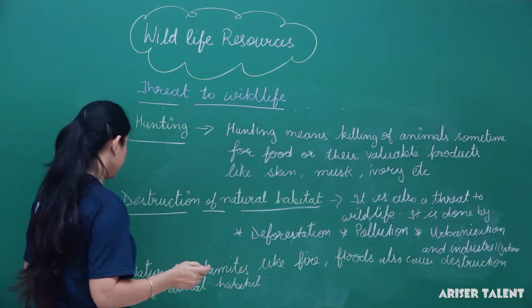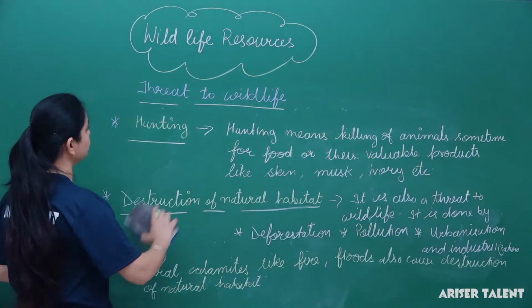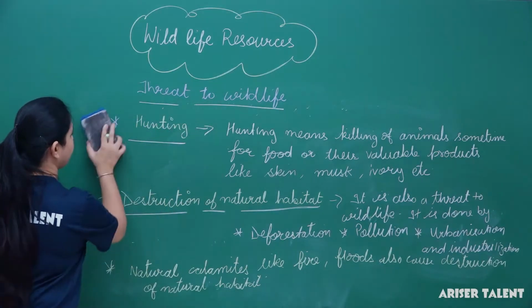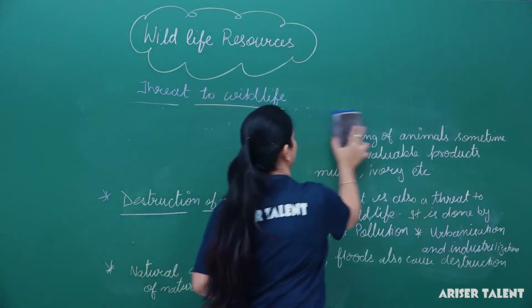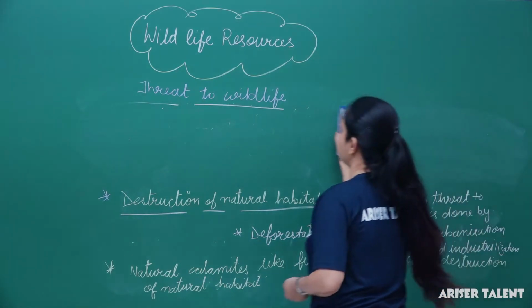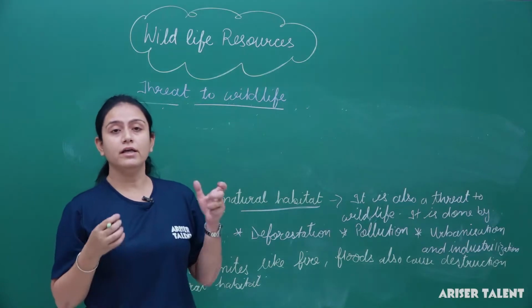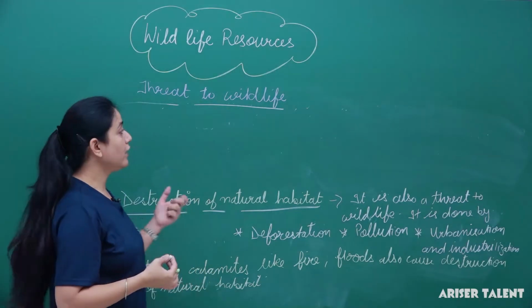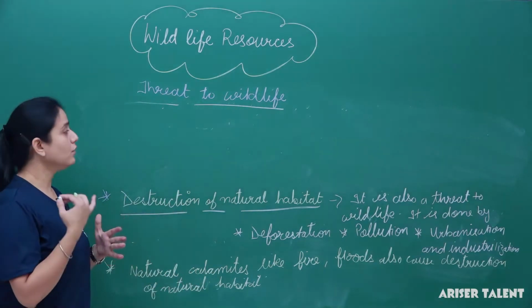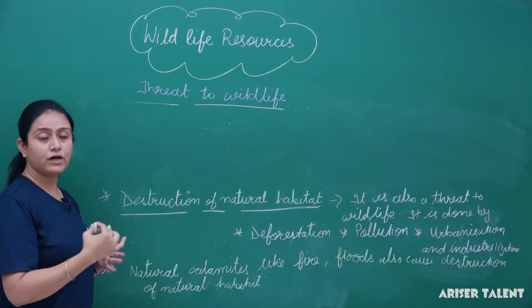Next is economic consideration. The next threat is economic consideration. As I told you, many animals are being killed for their important products: ivory, musk, as well as their skin, fur, leather.